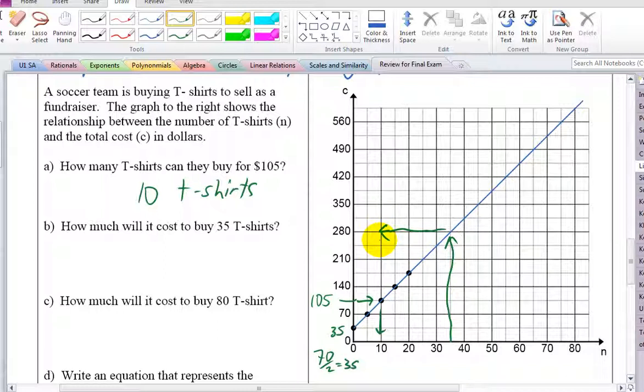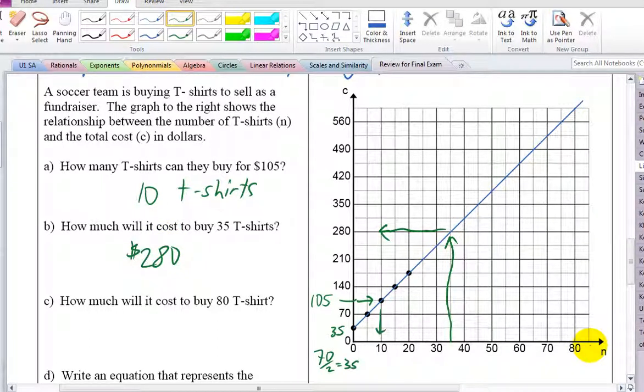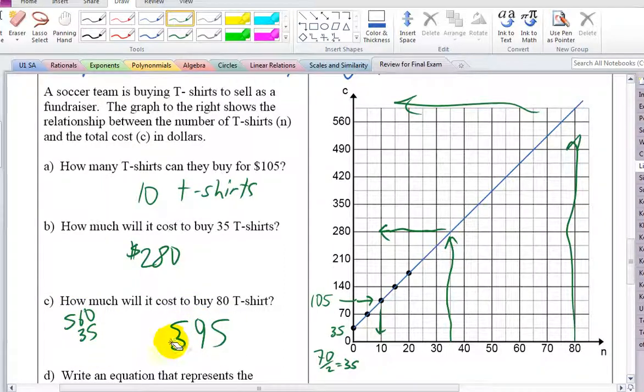So we have to extend the line. We're extrapolating. And the cost is $280. Okay. Answer the next question. Go. Okay, so for 80 t-shirts, you go up to the line and over. 560 and 35, it'd be $595 on that line.